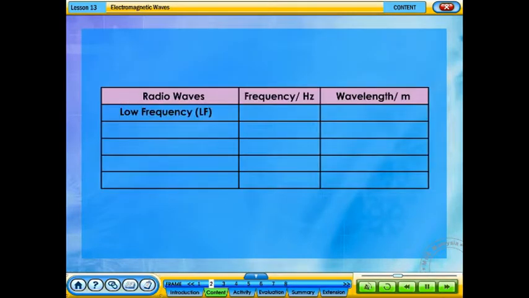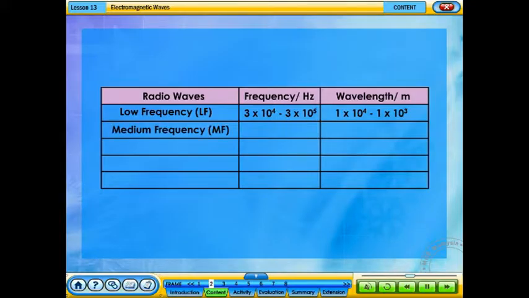The long wave, LW, or low frequency, LF frequencies range from 3 times 10^4 to 3 times 10^5 Hz. The corresponding wavelengths for these frequencies are between 1 times 10^4 to 1 times 10^3 meter.